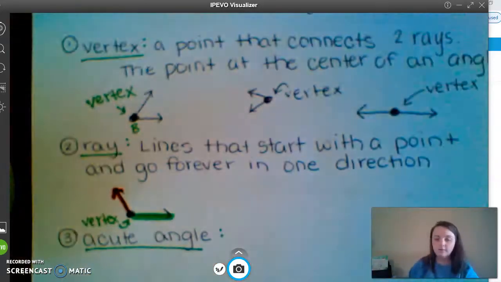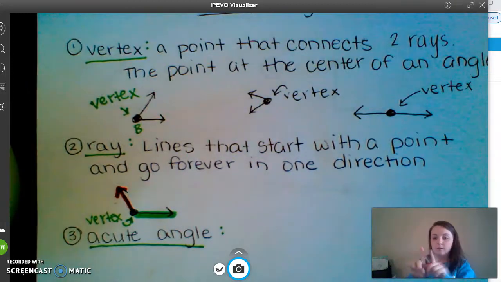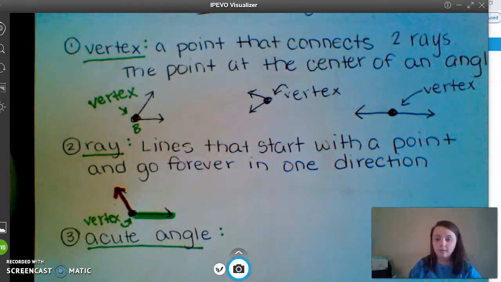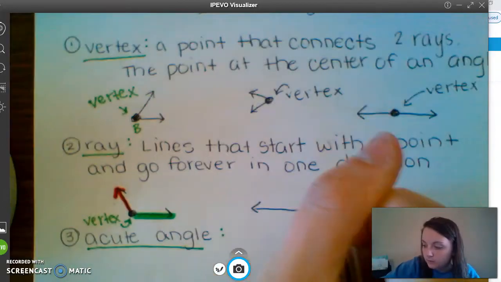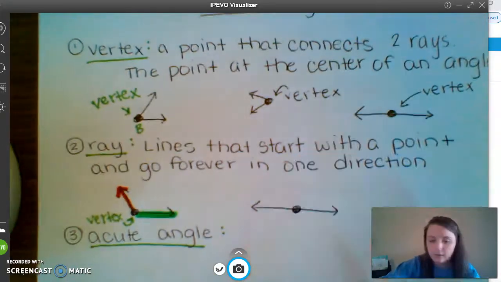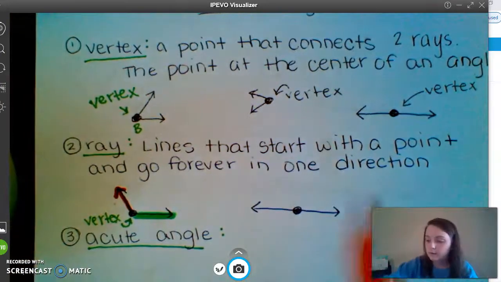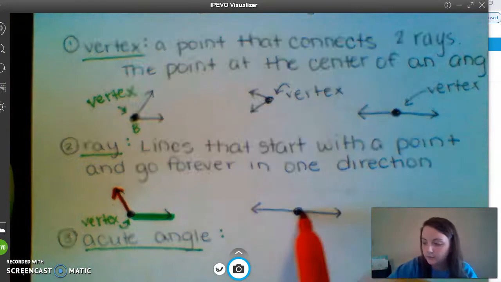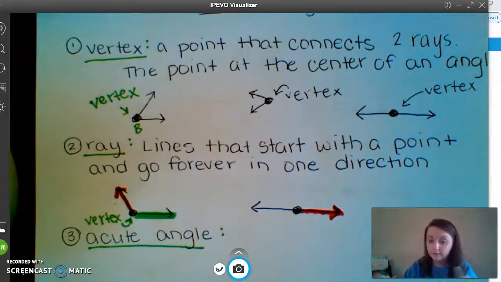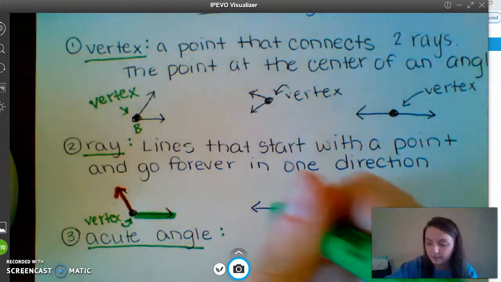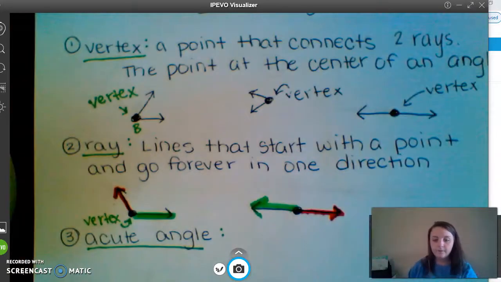So that's what they are. So the rays are the little arms or the little legs that come off of angles. Okay, so I'll do one more example. Okay, so again, vertex is in the middle, so our rays are the little arms or the little legs that come off of the vertex and create the entire angle.